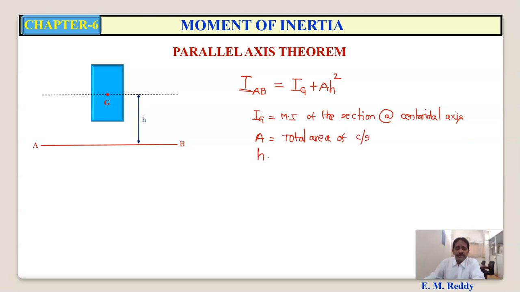H is the distance between the two parallel axes. So what are those two parallel axes? One is the axis AB and the other is the centroidal axis. So this is the parallel axis theorem. Understood?